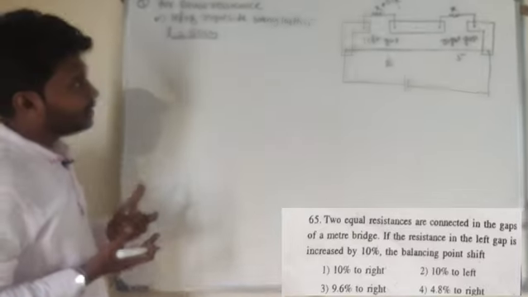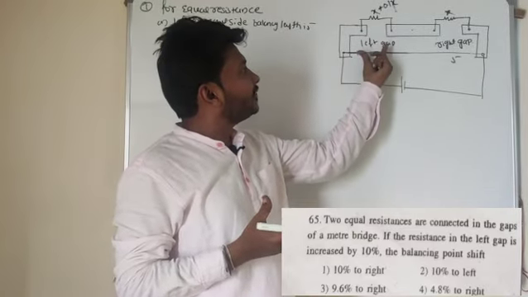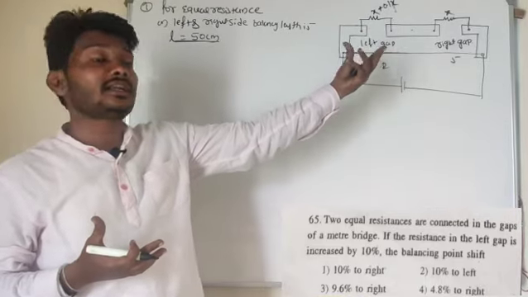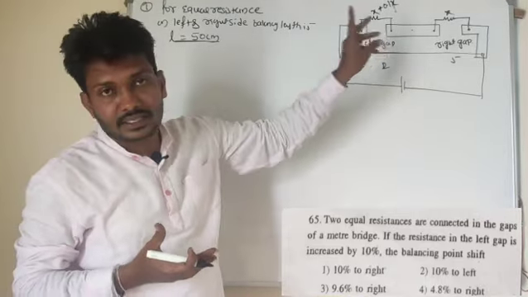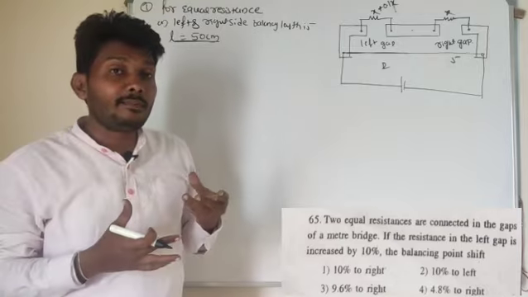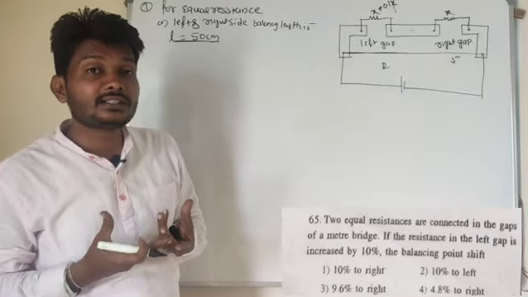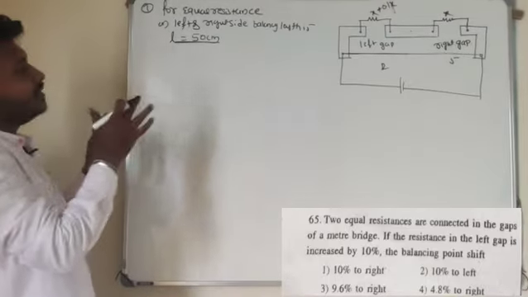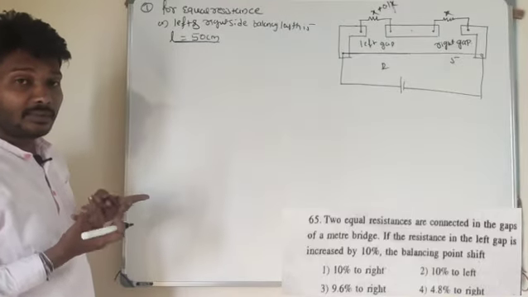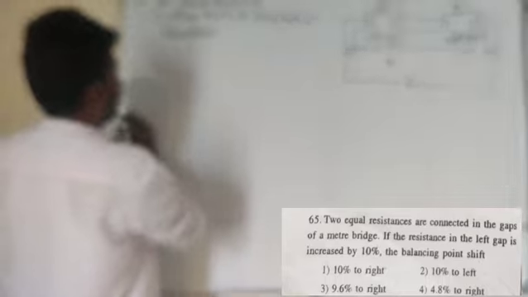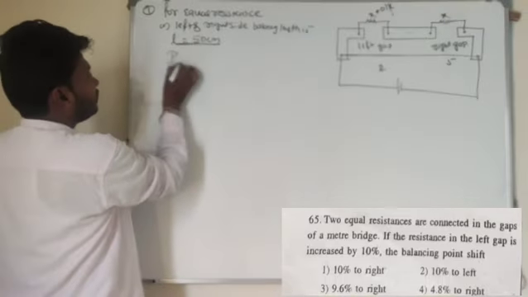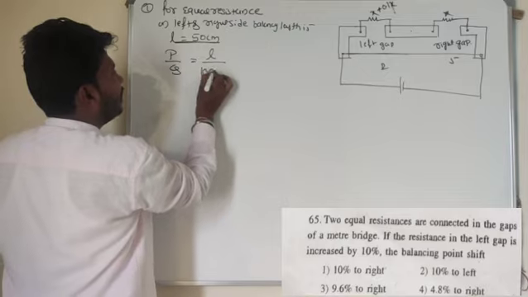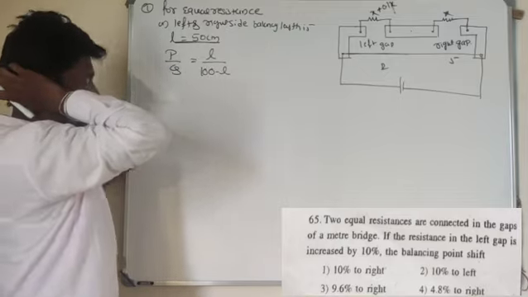Right. Now they mention that in the left gap they were going to increase the resistance by 10% here. So in that left gap, how much resistance is going to increase? 10% they increased it. So then what's the shift in the balancing point I can find out here. In order to calculate that, again P by Q is equal to L divided by 100 minus of L here. Okay.